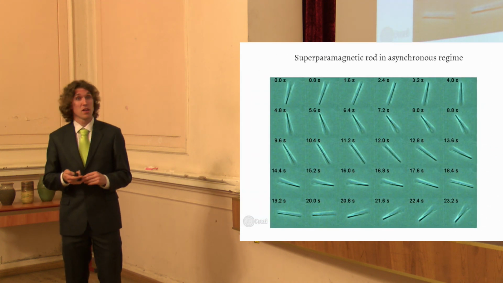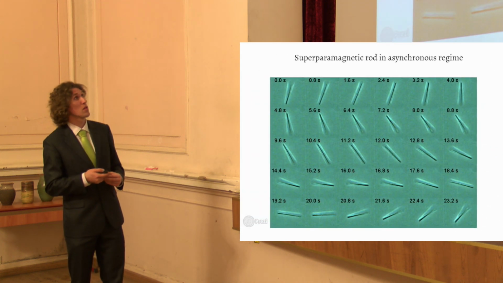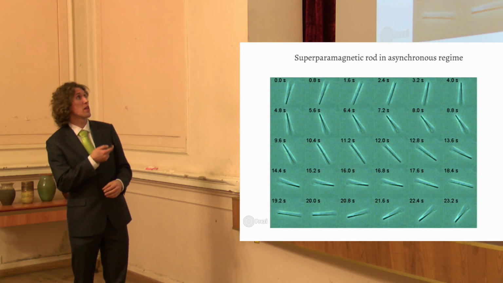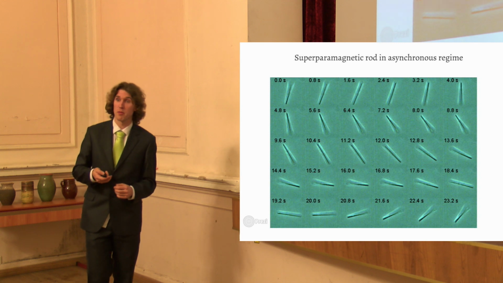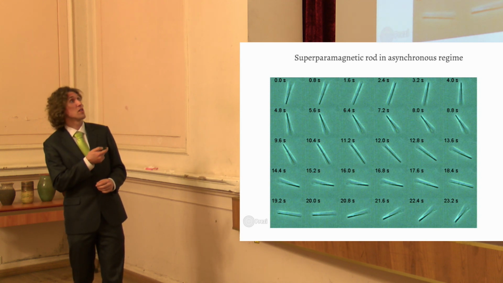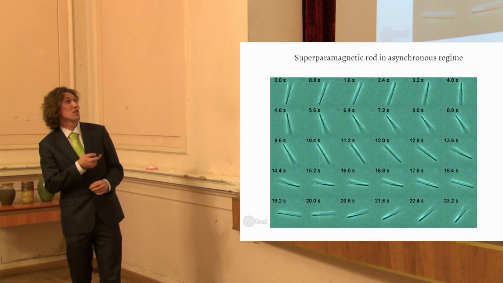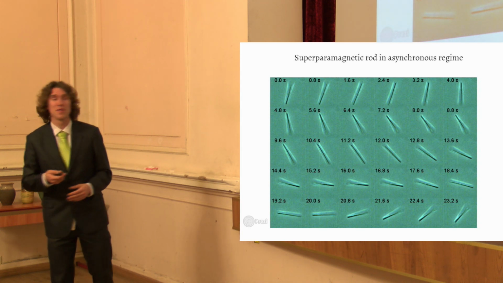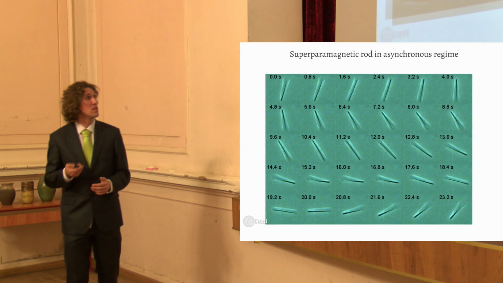We have also done experiments with this, and here you can see this wobbling in the experiment, and also that the rotation is not uniform, but goes a bit slower and faster.